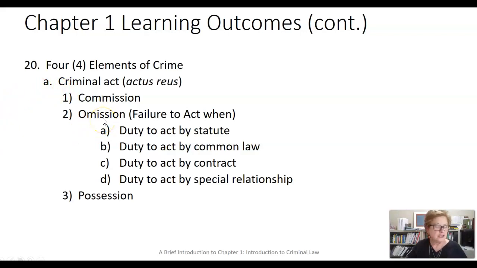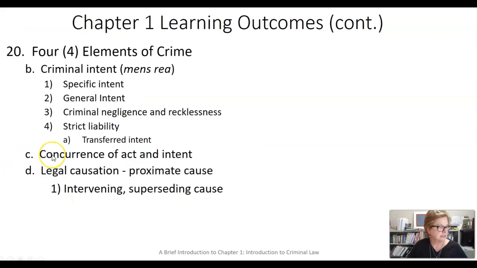A parent has a duty by reason of special relationship to provide at least minimal nutrition and safety and health care and emotional well-being for a child. Possession of certain things is illegal. You don't have to use them. You just have them in your possession, and it's illegal. Certain firearms without the proper documentation, certainly drugs and other controlled substances.